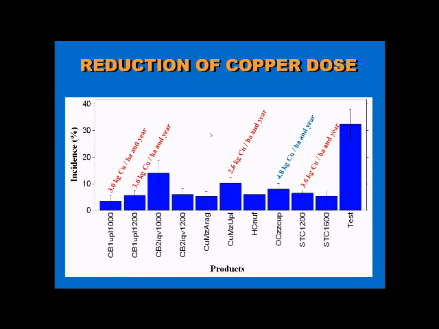Today, the formulation of the products is much better, and we can achieve the same result with less copper than before. In this graph, we can see the results of other experiments carried out in an olive orchard.